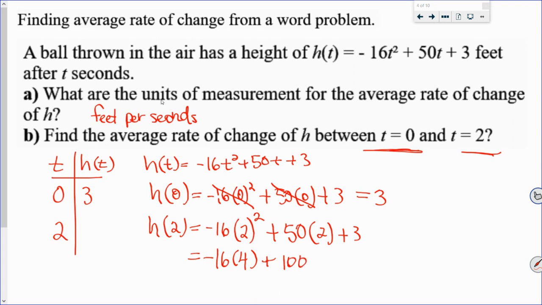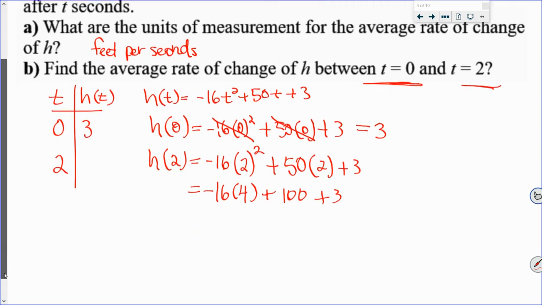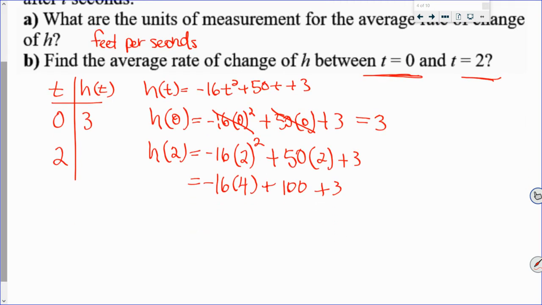I apparently was thinking ahead. So negative 16 times 4 is negative 64. Plus 100 plus 3. Negative 64 plus 100 is positive 36. 36 plus 3 is 39.